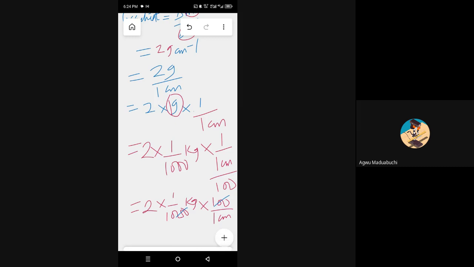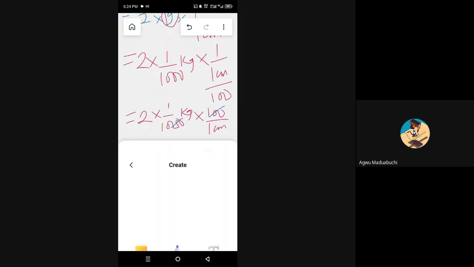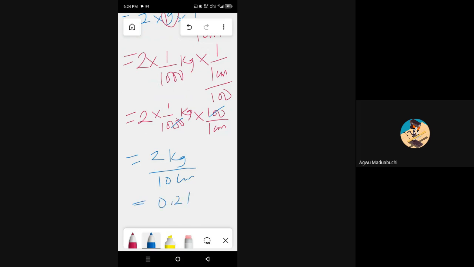So at the end of the day, we are going to have 2 kilogram over 10 cm. So that is 0.2 kg per meter, not cm. This is meters.